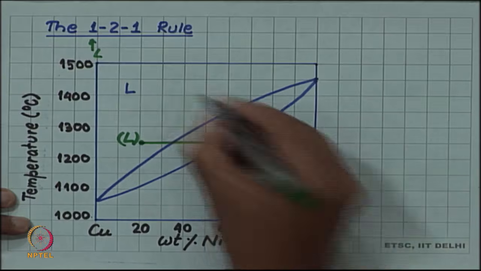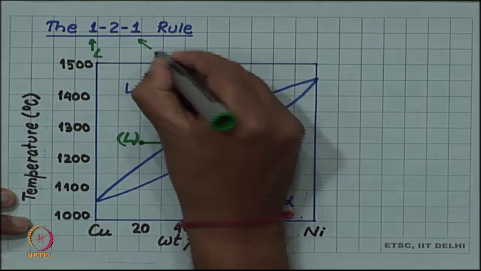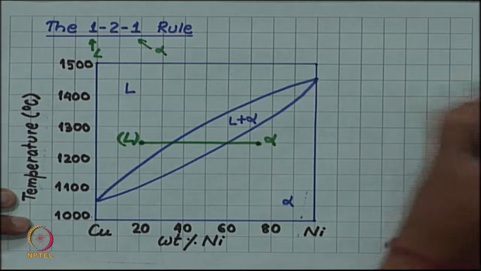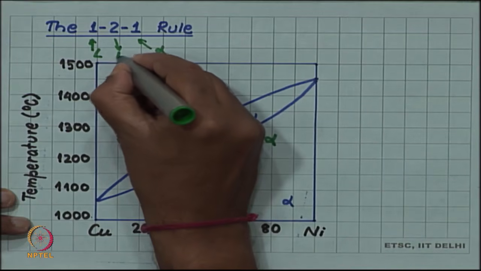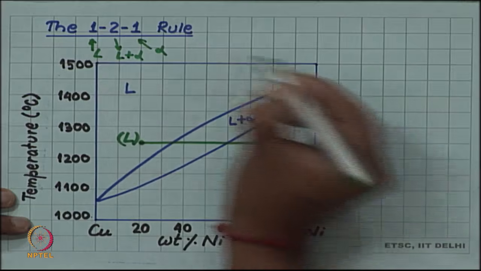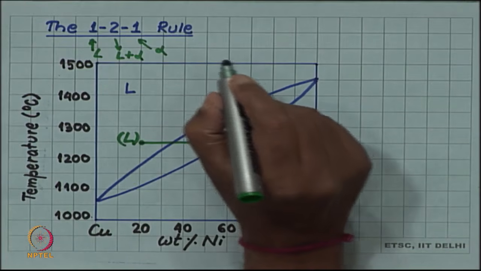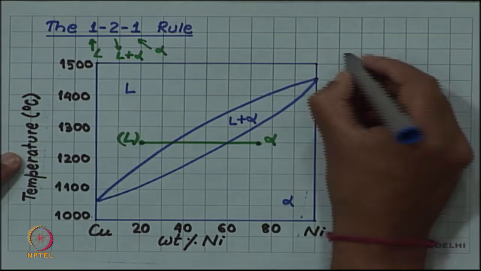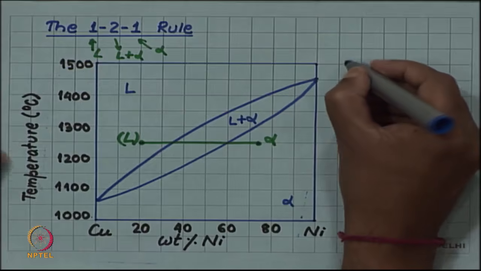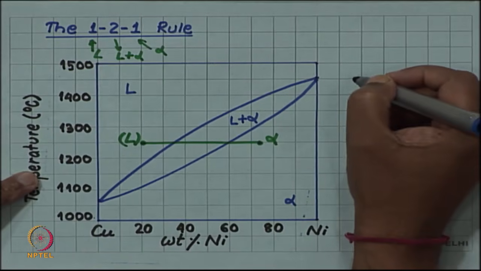At another end I have another single phase alpha, then in between there has to be a region where a mixture of these two phases should be present. So, liquid plus alpha. This is always true in a binary phase diagram, and we call this by a name, 1-to-1 rule. Although this name is not very common in literature, we will be using it in this course.